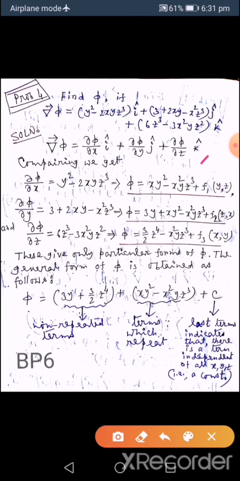Comparing this result with the expression given in the problem, we get del phi by del x equal to y square minus 2xyz cube, del phi by del y equal to 3 plus 2xy minus x square z cube, and del phi by del z equal to 6z cube minus 3x square yz square.